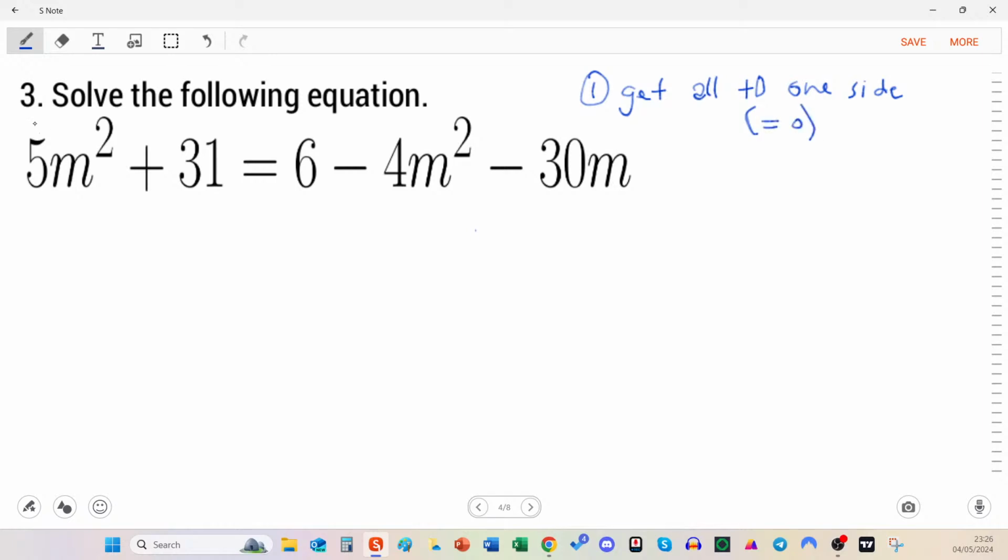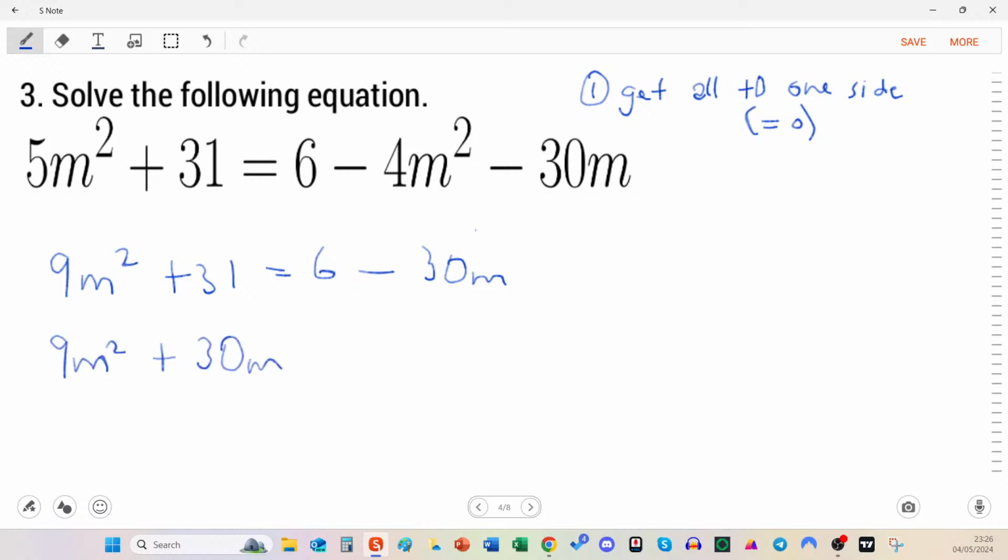I'm going to stick with 5m squared because it's already positive, so I'm going to add 4m squared to both sides. 9m squared. Okay, now I'm going to add 30m to both sides. And take away 6 from both sides.